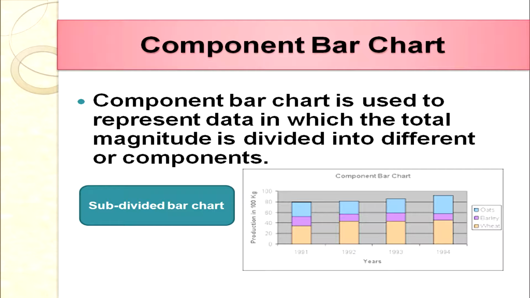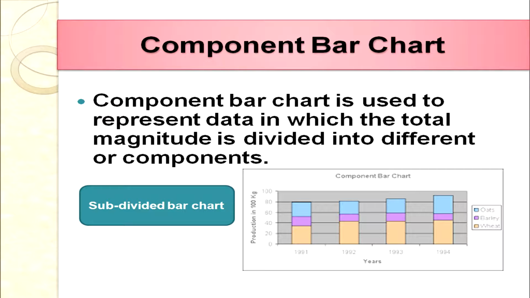Now, if two sets of information or more than two sets of information are given to me, as a student, how will I identify whether I have to draw a multiple bar diagram or a component bar diagram? For this, students, we need to see whether the total is given. If the total is given in the question, then we have to draw a component bar chart. Whereas, if there is no total, as you can see in the previous example, where export and import are given to us, then in that case a multiple bar diagram will be drawn.